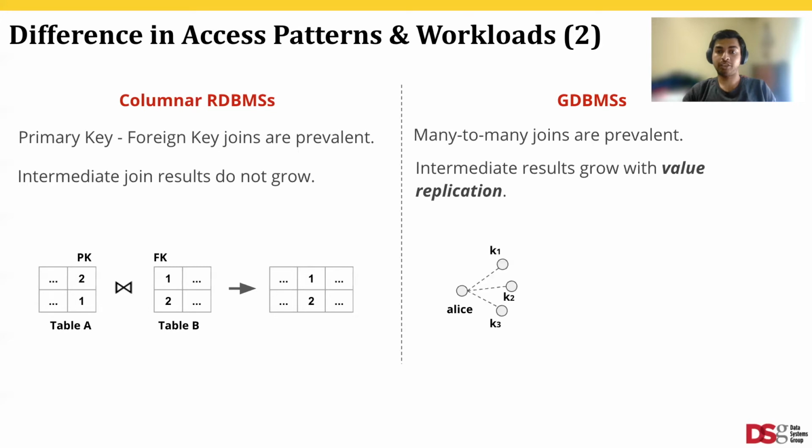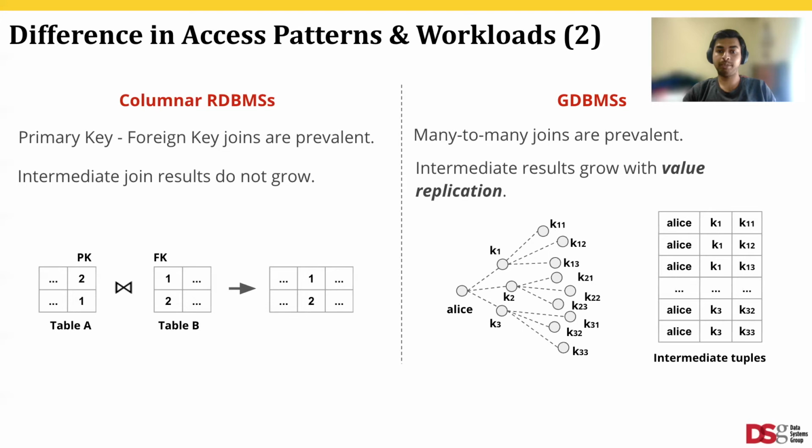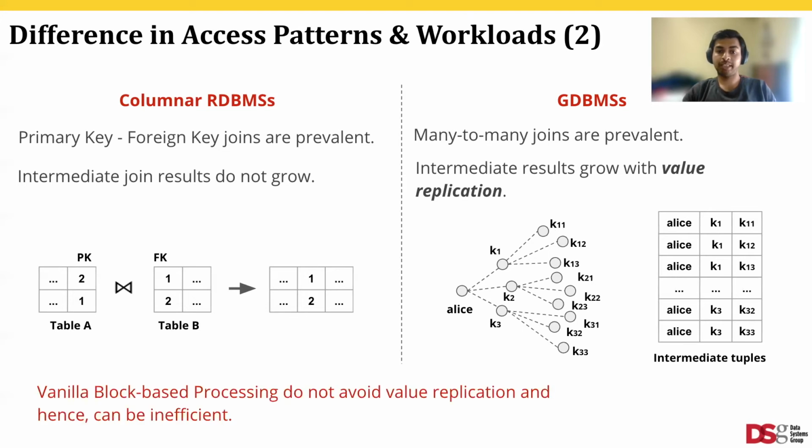The same is shown in the illustration where we find Alice's friends of friends. The intermediate tuples grow from 1 tuple to 9 tuples, with Alice repeated in each tuple. As I demonstrate later in the talk, block-based processors employed by columnar stores are not optimized for growing joins because of data replication, so they cannot be directly applied.